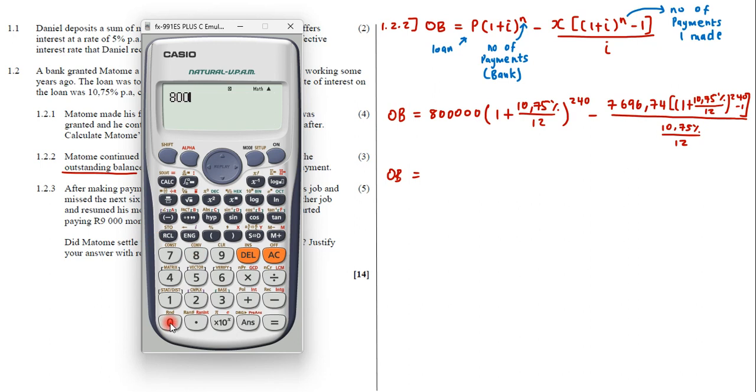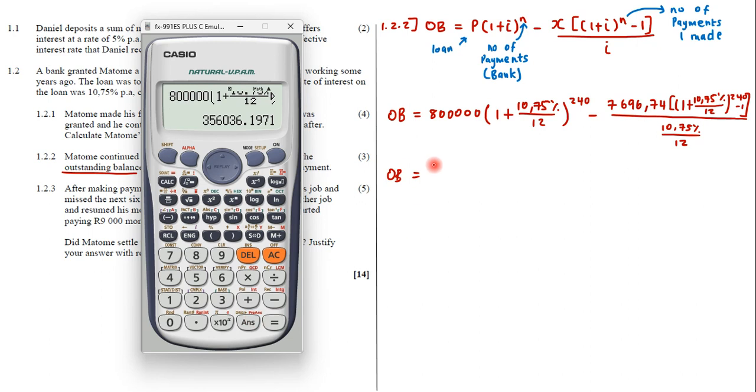Okay, so now the outstanding balance, let's see. It will be 800,000 into 1 plus 10.75% over 12 to the power of 240, minus 7696.74 into 1 plus 10.75% over 12 to the power of 240 minus 1, over 10.75% over 12.